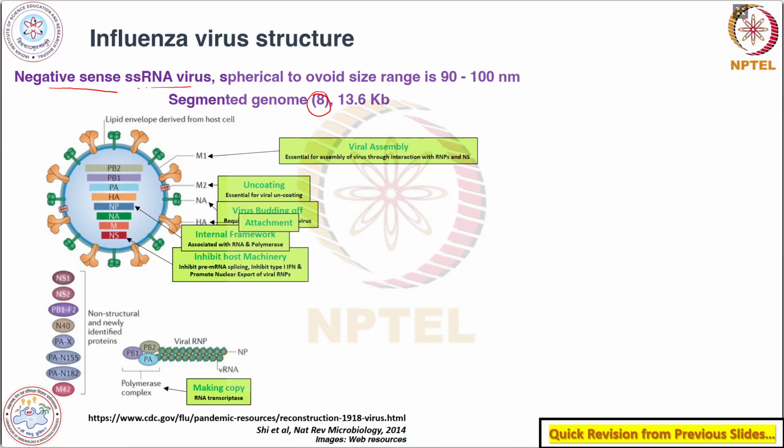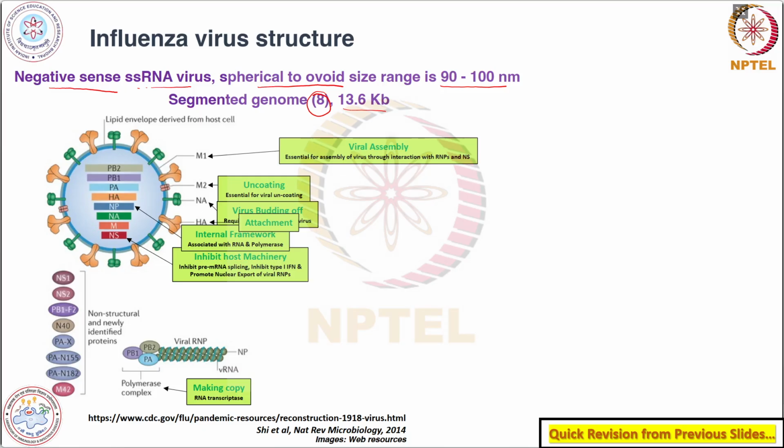And it has a spherical to oval shape. The range is 90 to 100 nanometers, and it has a segmented genome of 8 segments, and its size is 13.6 kb. It has some structural and functional proteins, mainly hemagglutinin and neuraminidase that you might have seen in detail in the last class.